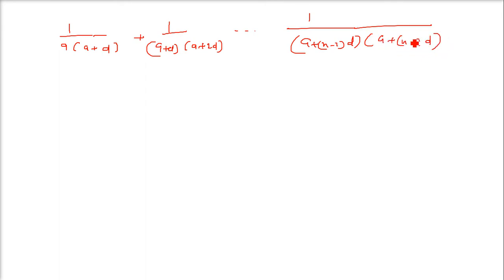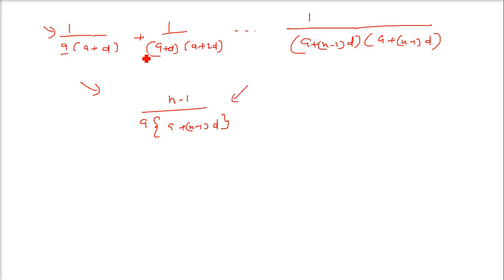So the final sum of this will be, again we'll use the method of difference, and if we solve it, it will come as n minus 1 by a into a plus n minus 1 into d. I'll take an example and try to explain how we get it, and you will know the proof also.